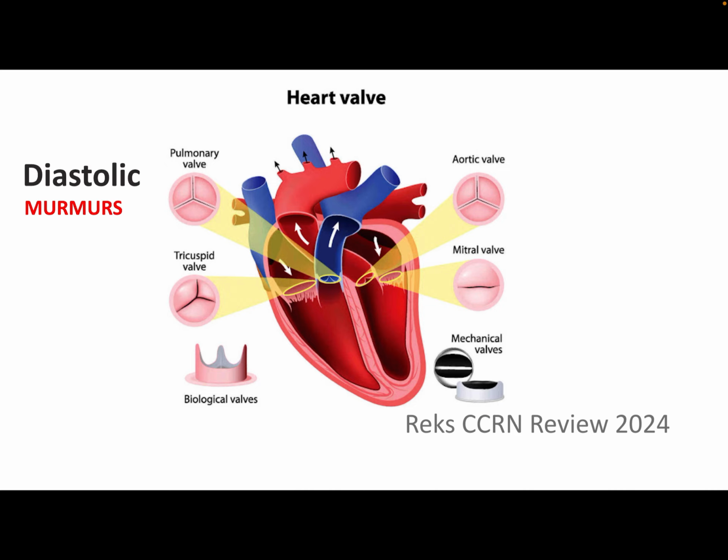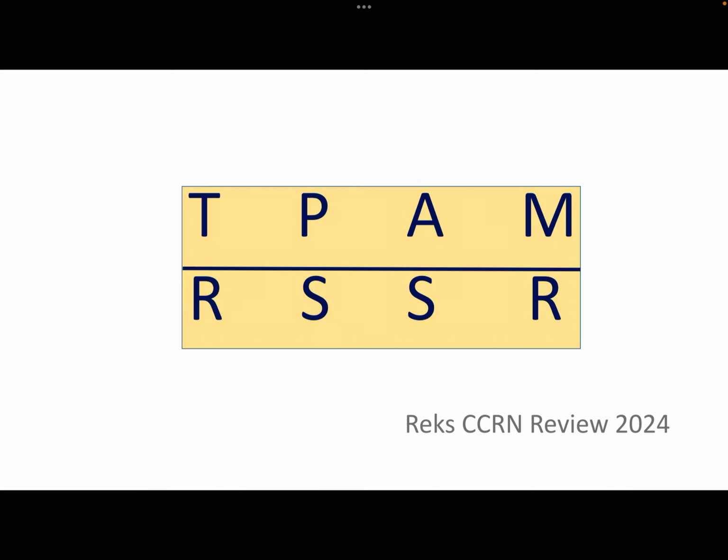So same like that during diastolic murmurs also, you have to remember TPAM and place S on the edge now. So the stenotic valves will be the tricuspid valve and mitral valve, and the regurgitated valves will be the pulmonic valve and aortic valve. So you know now TPAM and how it represents.